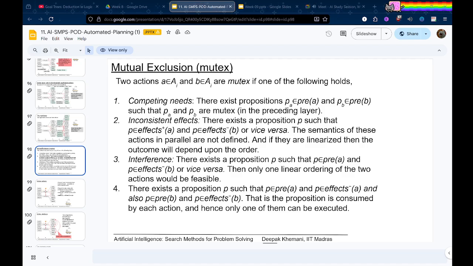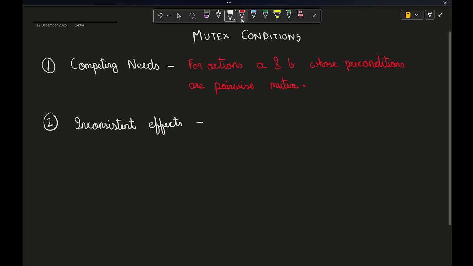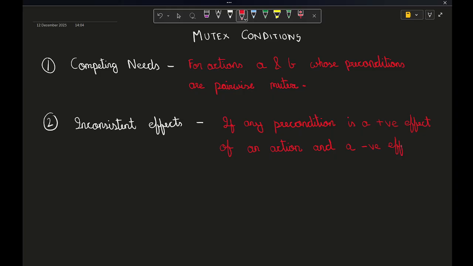So if there is any proposition P that is a positive effect of an action, and a negative effect of another parallel action, I should say.